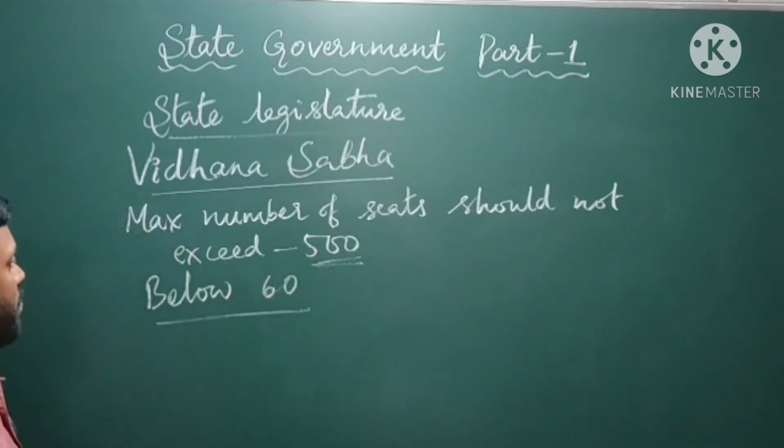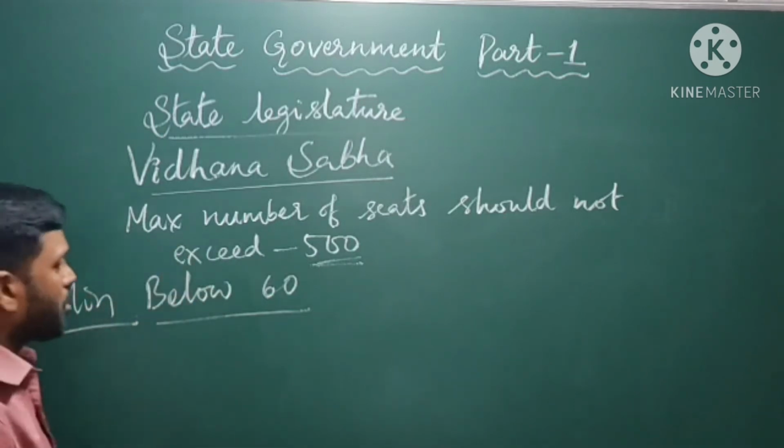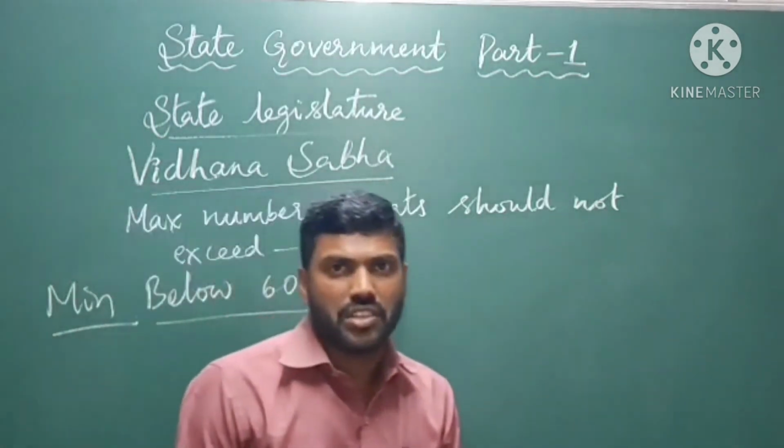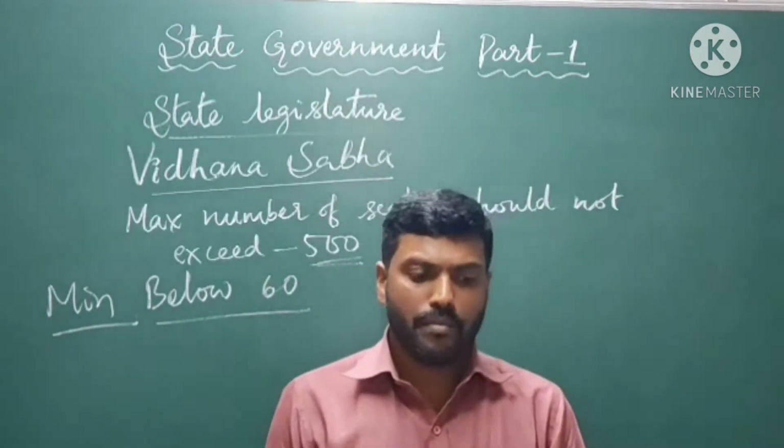The maximum limit is 500 and the minimum is 60. That is the important point you have to remember.